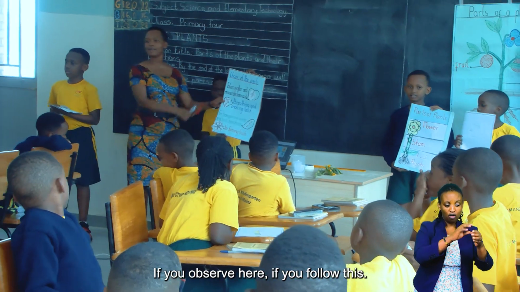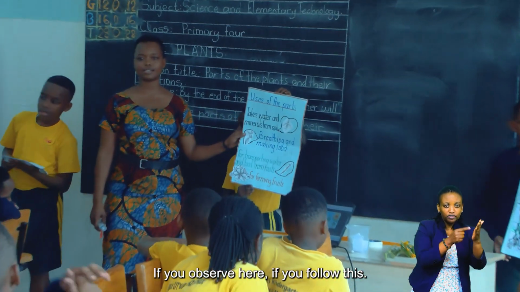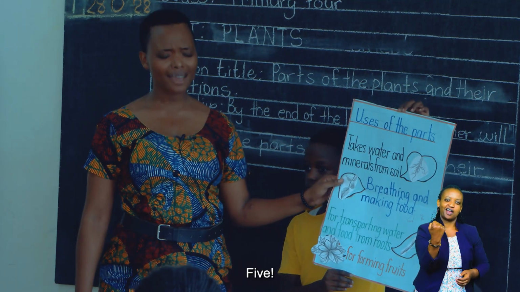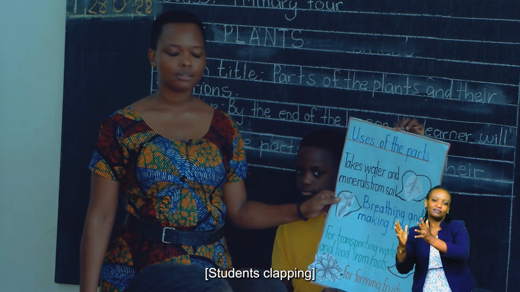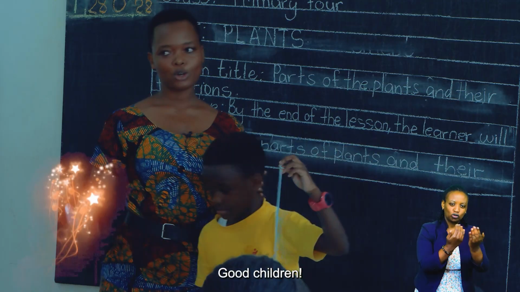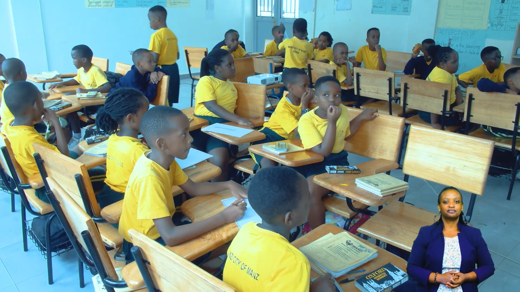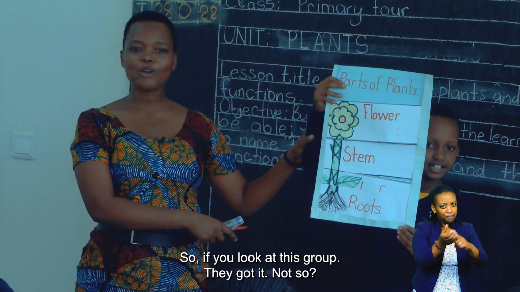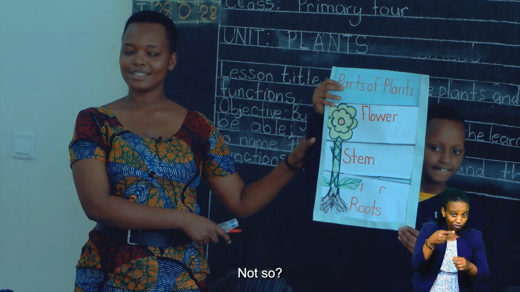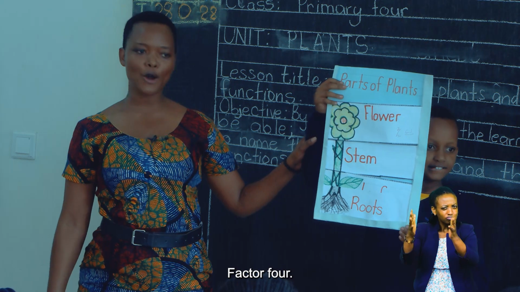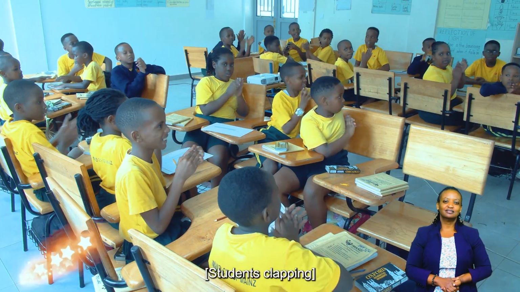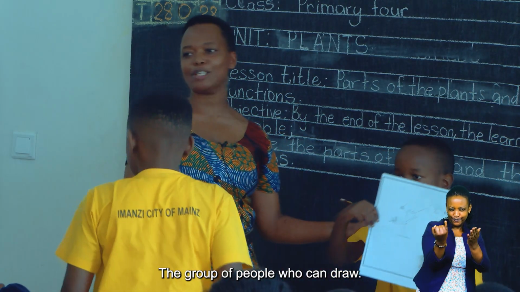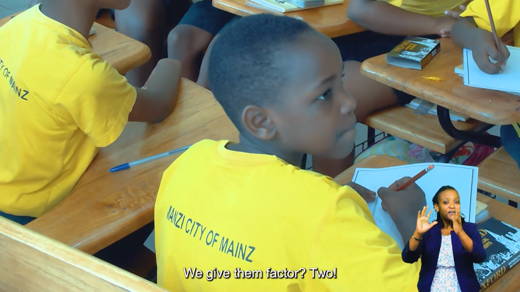If you observe here, if you follow this, they deserve factor 5. Good children. So, if you look at this group, they got it, not so? Not so. Factor 4. The group of people who can draw, we give them factor 2.